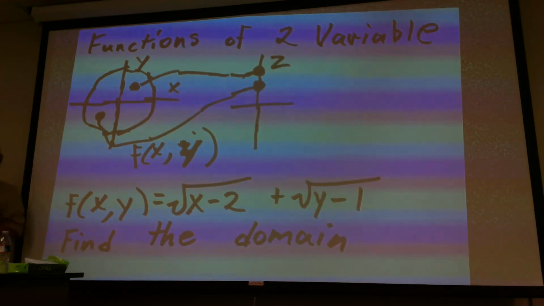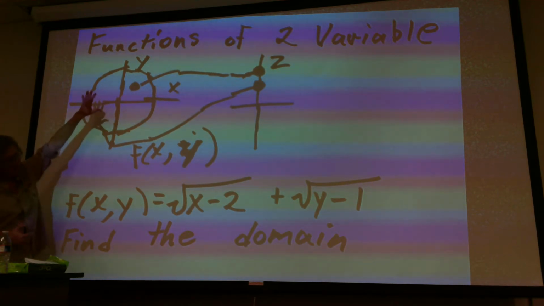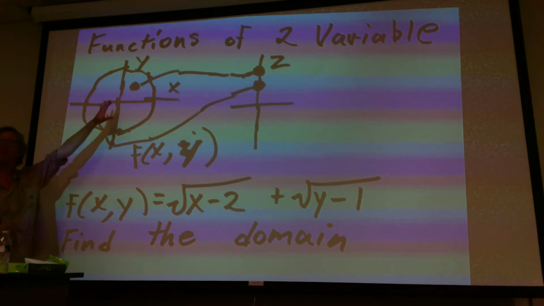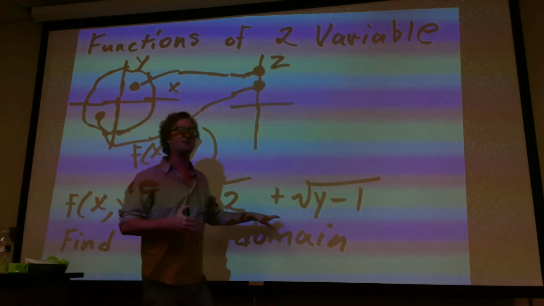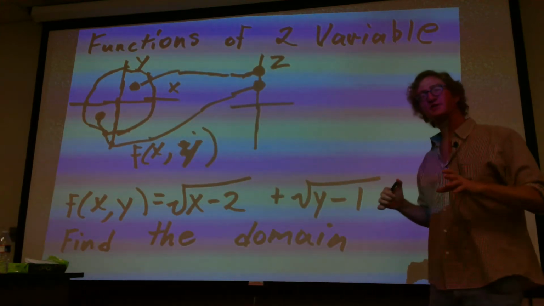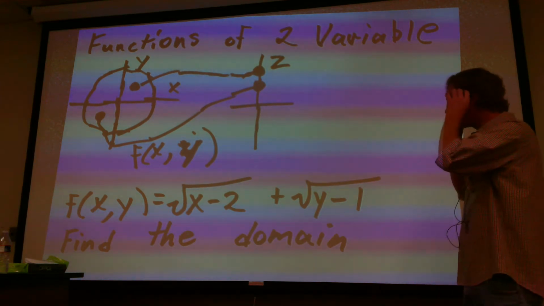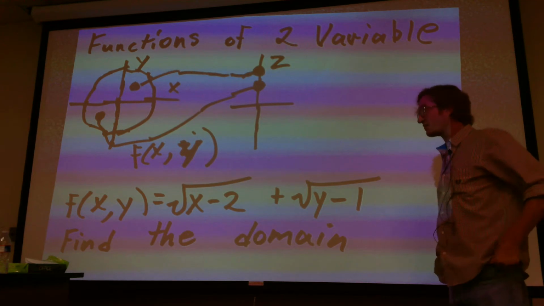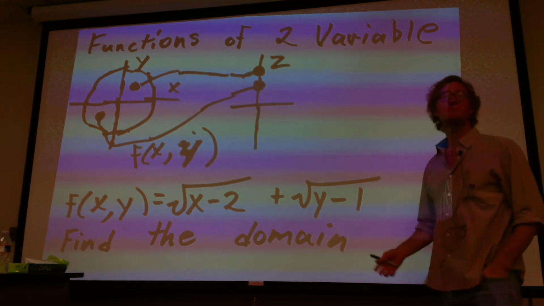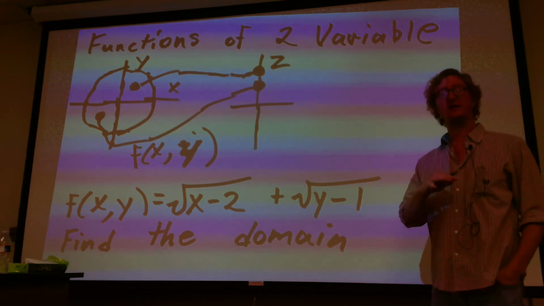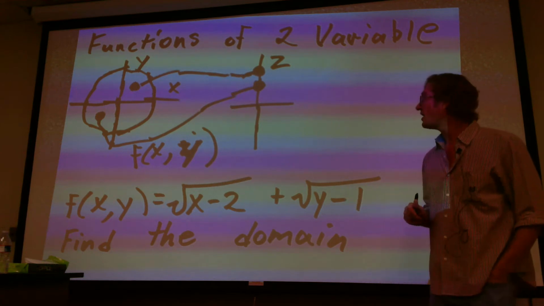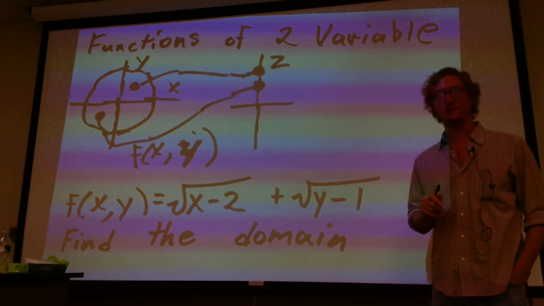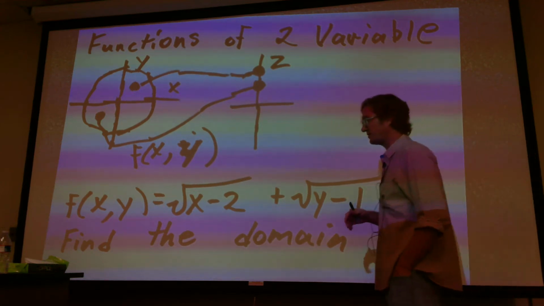So we're considering within the xy plane, what is actually the domain of this function of two variables. Now we're dealing with real numbers in this class, so we're not going to consider complex numbers. There's nothing wrong with complex numbers. Actually, I love complex analysis. But we're dealing with the reals in calculus 3.